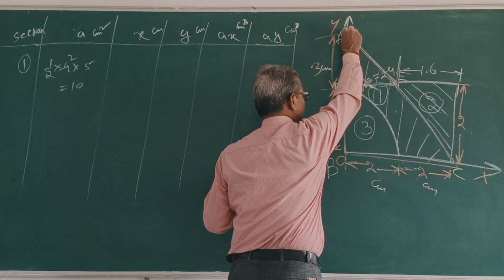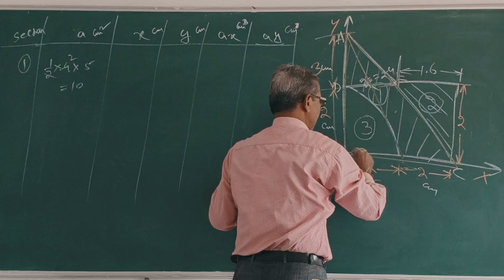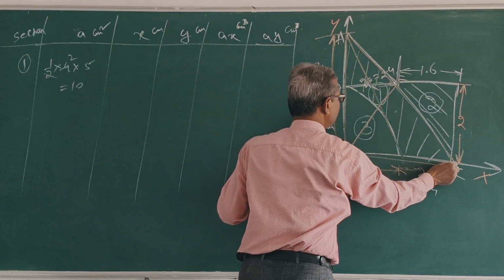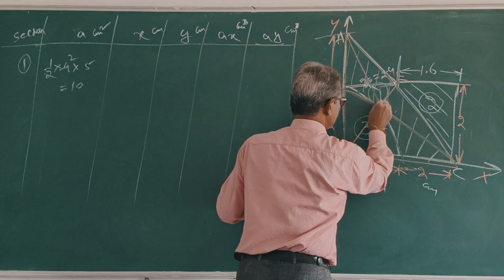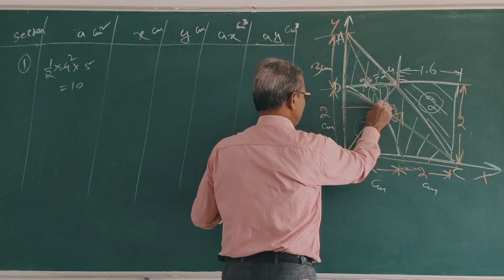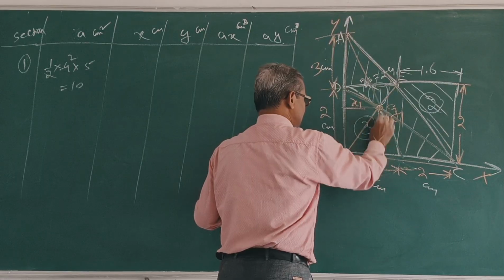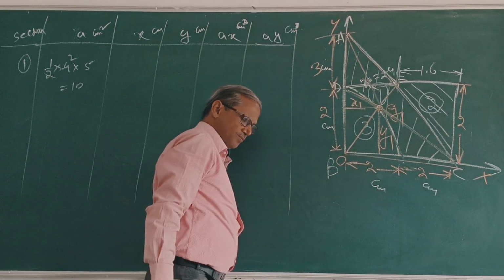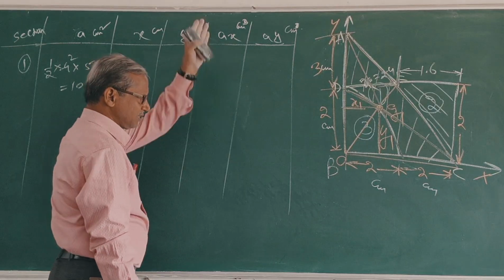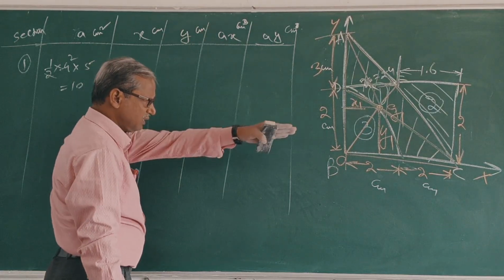What is x1? This three medians cross each other. This is g1. Clear? So this is x1, this is y1. What is x1? h by 3 from base. This is base, this is height.